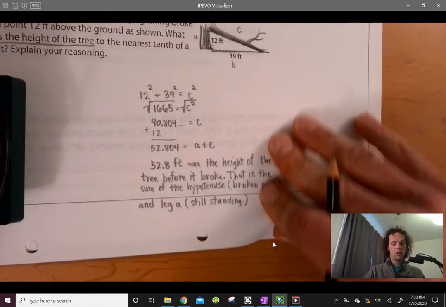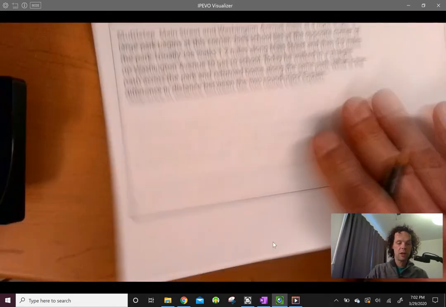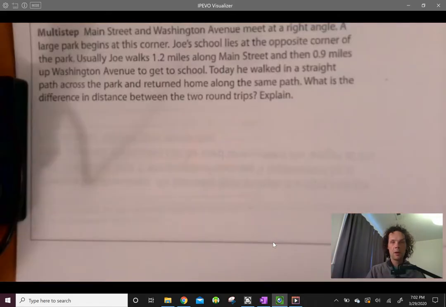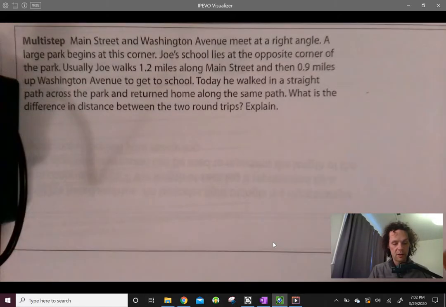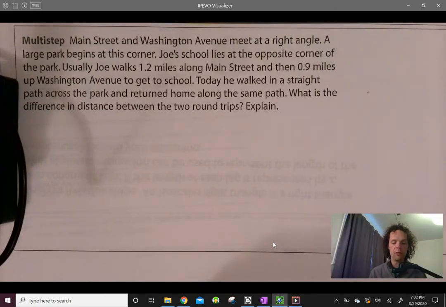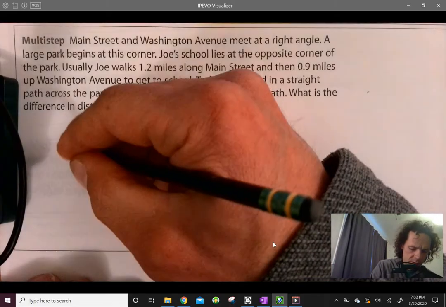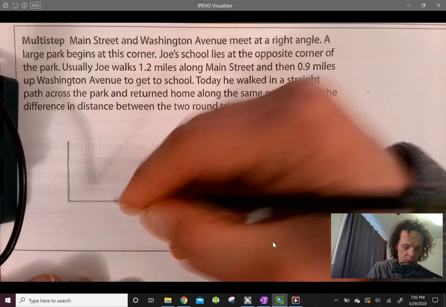And we're going to move on to number 6. I don't want to keep at this all day, but we need to develop our problem-solving skills together. So let's keep going. Main Street and Washington Avenue meet at a right angle. All right. So I'm going to draw Main Street and Washington Street, right?